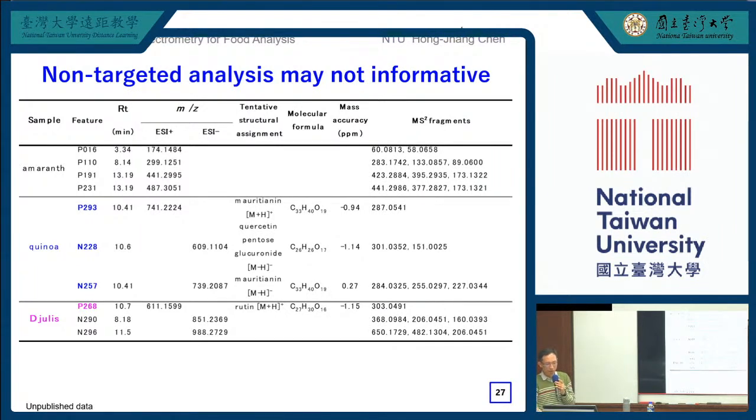But it's very interesting. In my experiment, of course, we found a compound for Julius. The compound is lutein. We also found three types of compounds for quinoa. They are quercetin derivatives. But we could not identify any compounds for Amaranthia. Why?